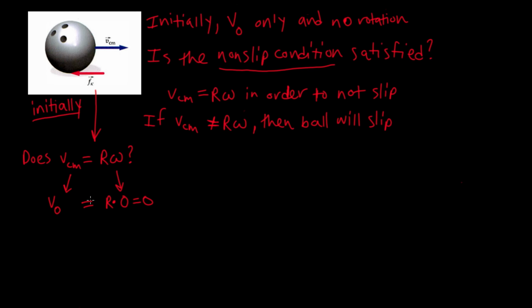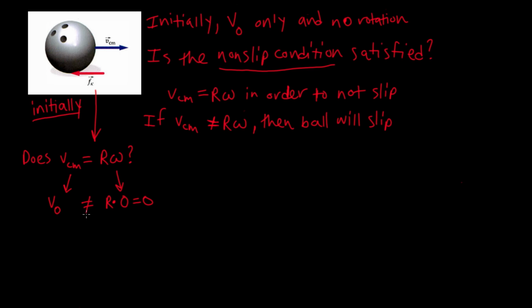So does the left-hand side of the equation equal the right-hand side? Or in other words, does this condition hold? Does v naught equal the right-hand side of the equation?